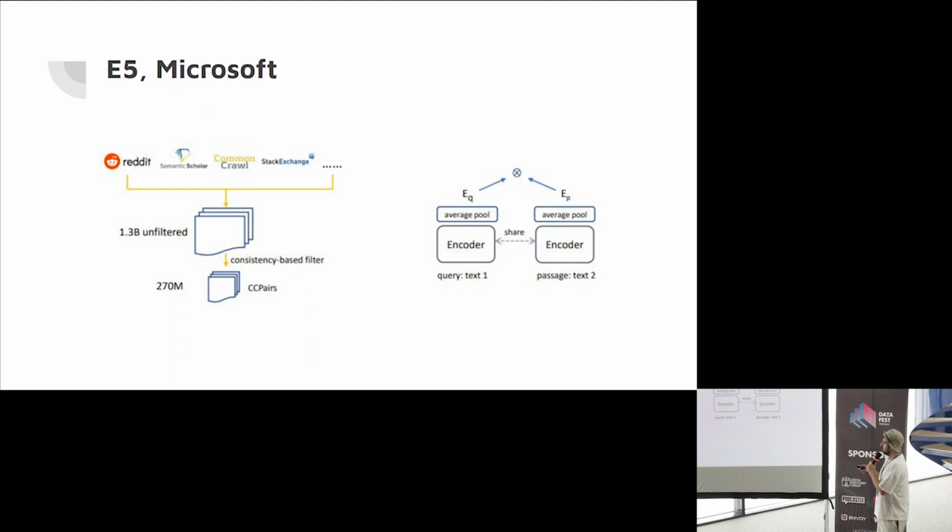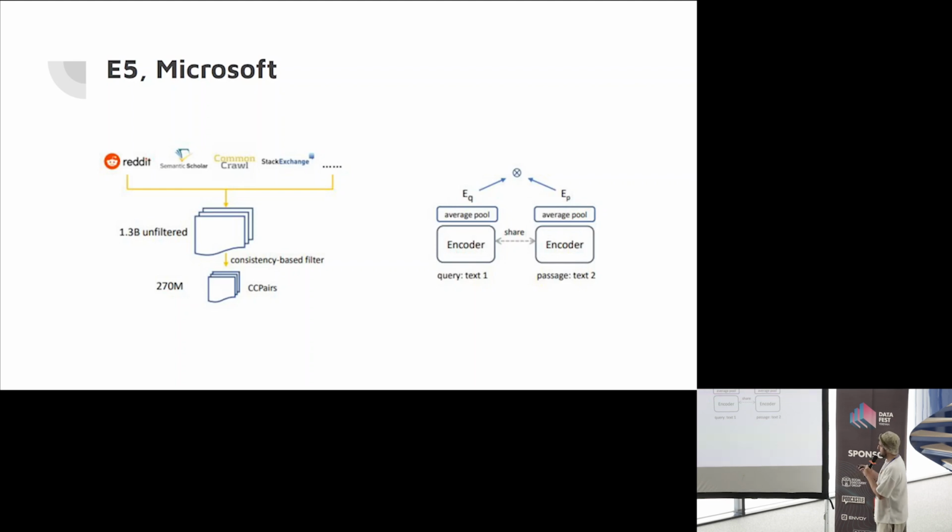This 270 million pairs is a cleaned version of the data set, which they call CC pairs. They then fed it to the dual encoder with query and passage added in front of the data, and took the cosine similarity. Here this query and passage is very important, as it means that the training is asymmetric, and for some data sets it was very hard and not so straightforward to decide what should be the context, what should be the query and what should be the passage.